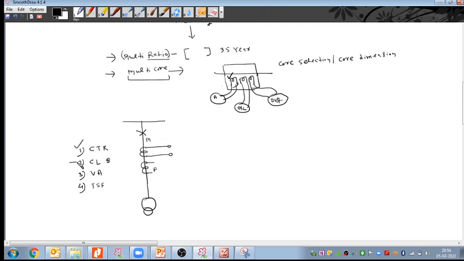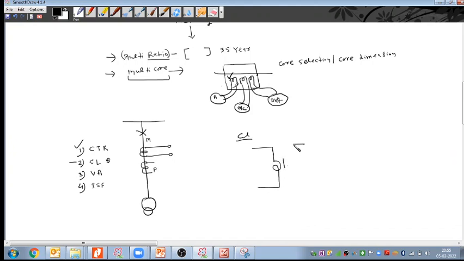Now coming to the next parameter, accuracy class. What does accuracy class mean? To understand it, let us take a CT circuit. On the primary side, as we discussed yesterday, we take 1 turn or 2 turns.